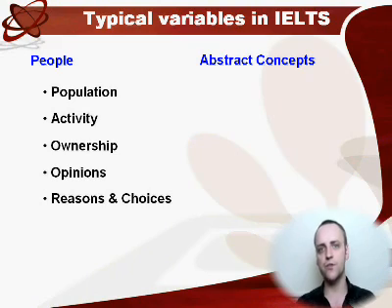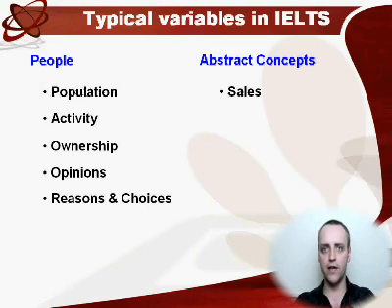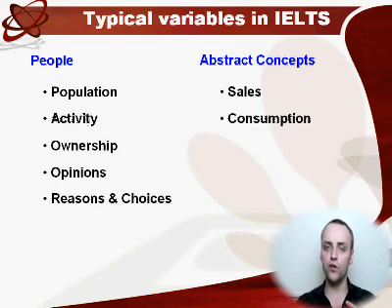From abstract concepts, so not related to people now, we could have, for example, sales of a product. So a company selling products, it's in the interest of the company to measure how many units of this product are sold in 1 year. From a person's point of view, because I'm buying a product from a company, you might need to look at consumption figures.